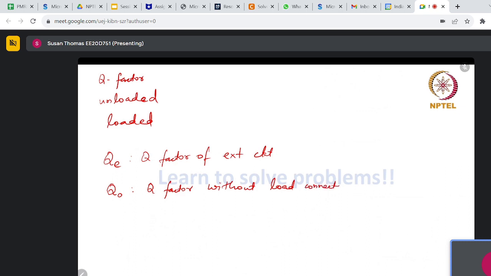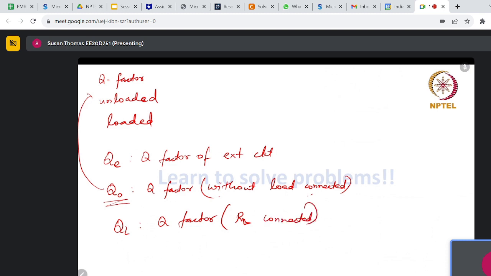So this, without load connected, we say that is an unloaded Q factor, Q naught. Now, suppose you have a load, say RL, connected to that circuit. In that case, we call it QL. So this is the Q factor when the RL, or the load, is connected.